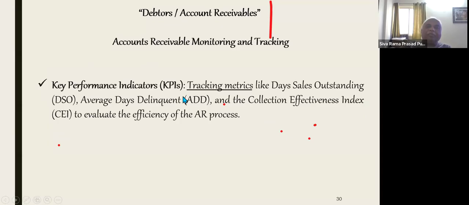Like that, the aging report and key performance indicators, average daily delinquency, collection effectiveness index, evaluate the efficiency of the recovery of account receivables process they will do.